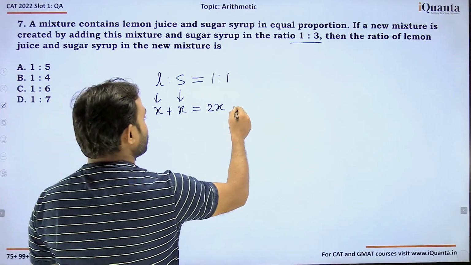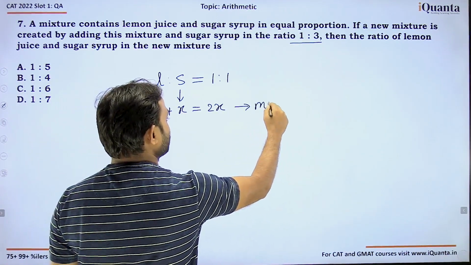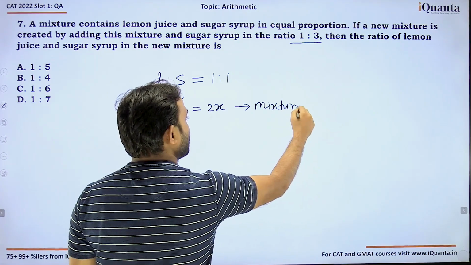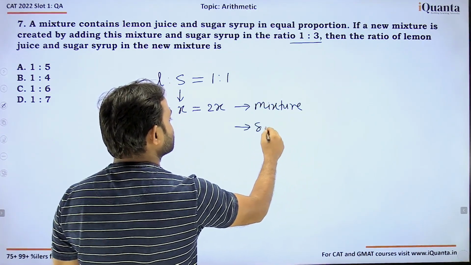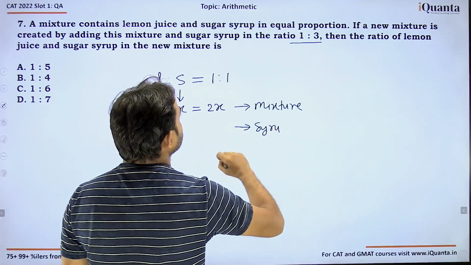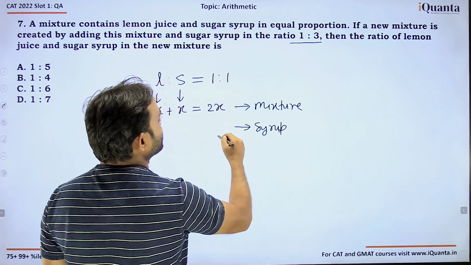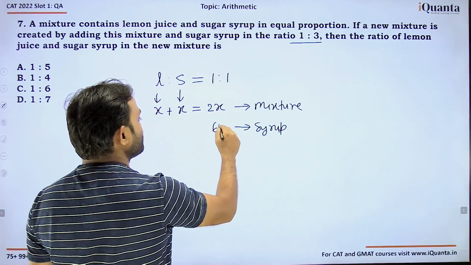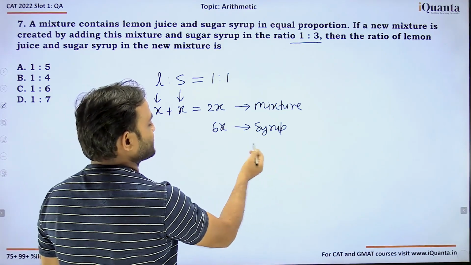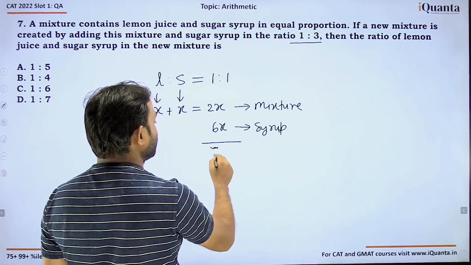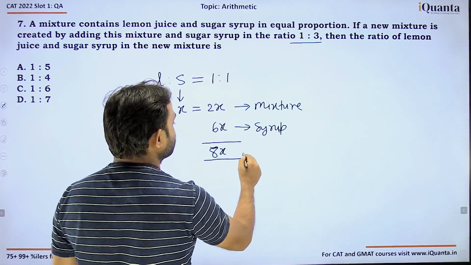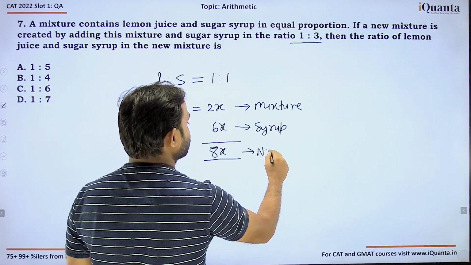This is our mixture, the volume of the mixture. And now we are adding syrup in the ratio of 1:3. So if this is 2x, we must mix syrup as 6x. Now in total we get 8x. The new mixture has volume 8x.